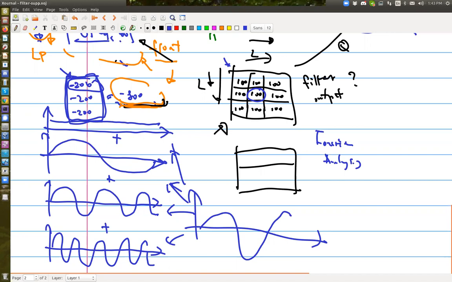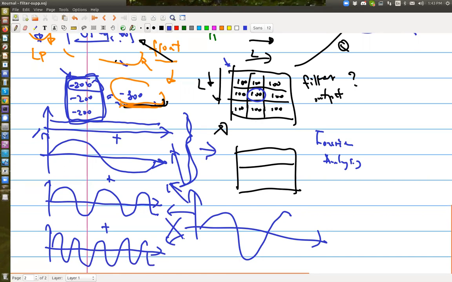Because every signal I can decompose into different frequency components, I can think of filtering as deciding which components are allowed to go through. When I have a low pass filter, the lower frequencies are going to pass through, but the high frequencies are not. If I high pass, it's basically the exact opposite.